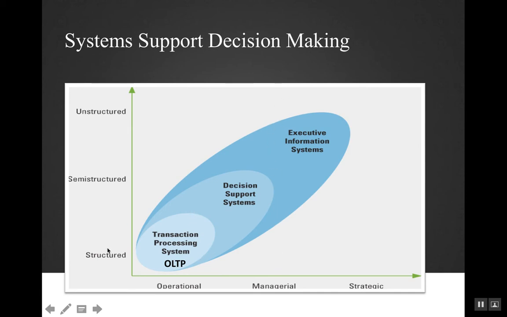So if we look at the structured operational characteristics, the types of applications that we work with in these areas are what we call transaction processing systems, or OLTP, which stands for online transaction processing. And what these systems do is basically the day-to-day activities of an organization.